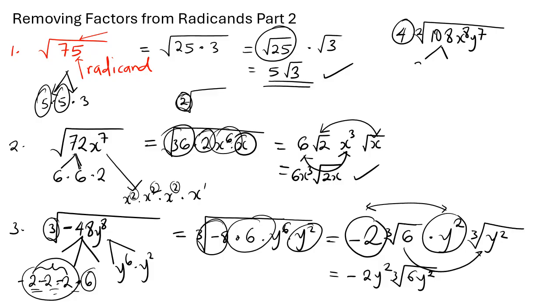I know that I can do 2 times 54, and I know that 54 is 2 times 27, and I know that 27 is 3 times 3 times 3.